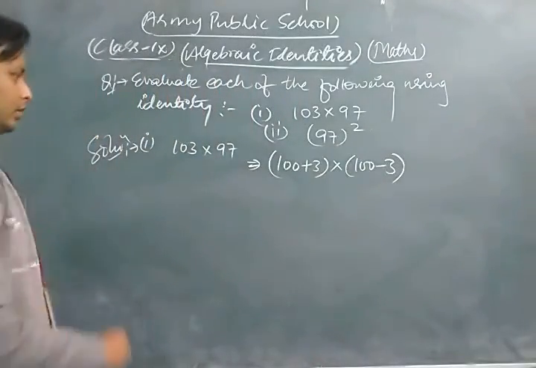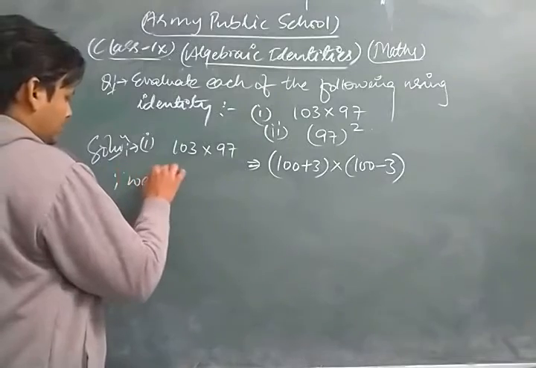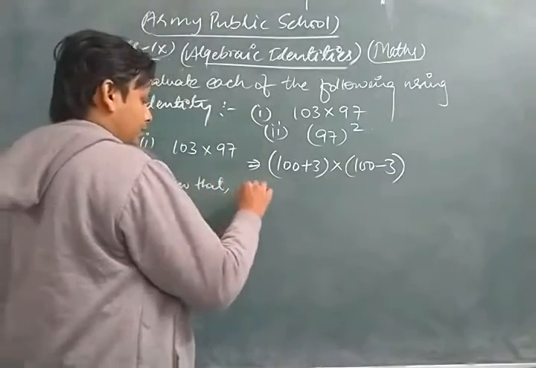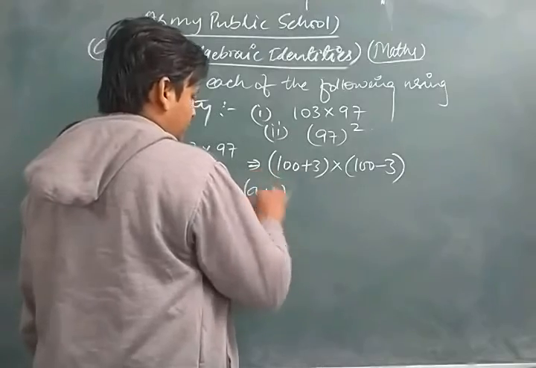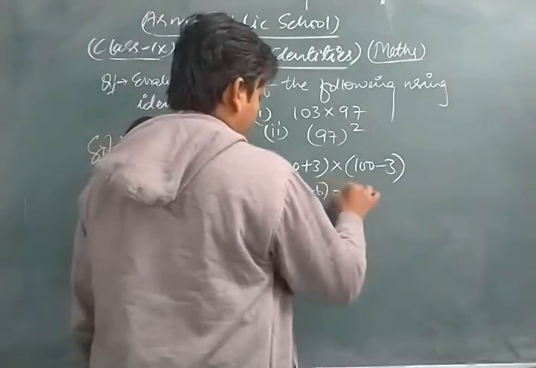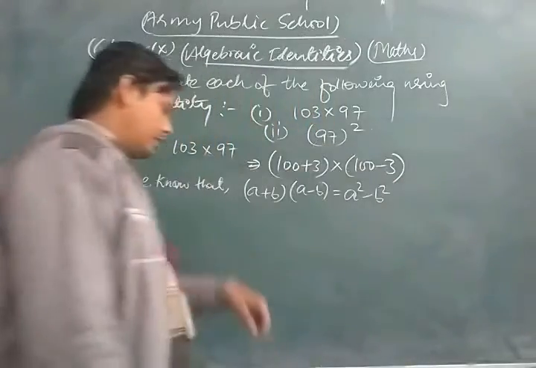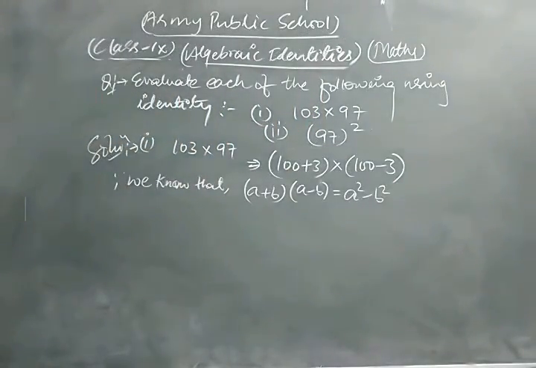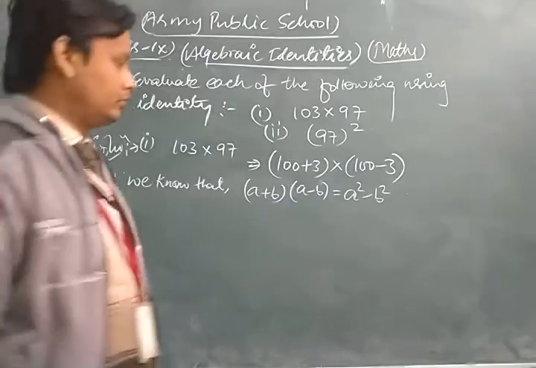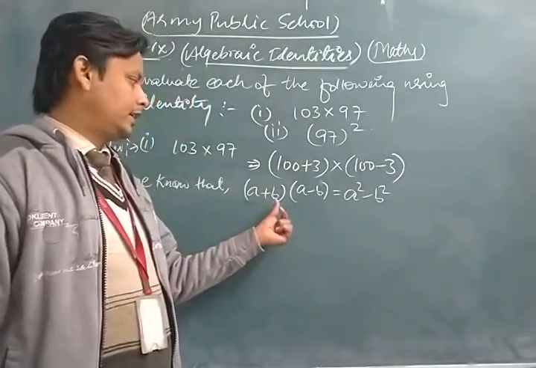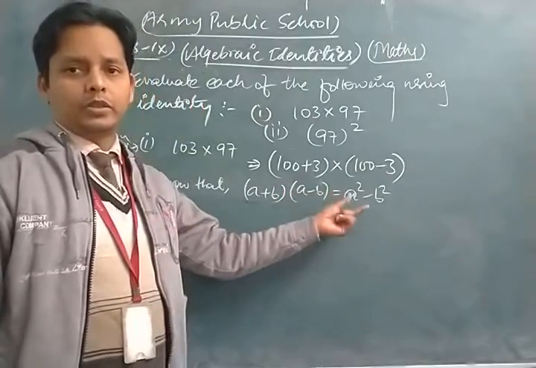Okay, and now we know that a plus b in one bracket and a minus b in one bracket is equal to a square minus b square.